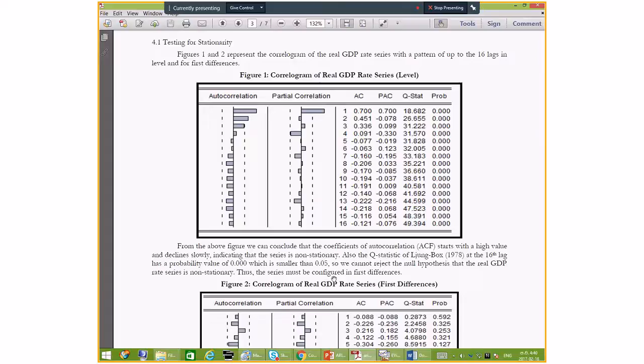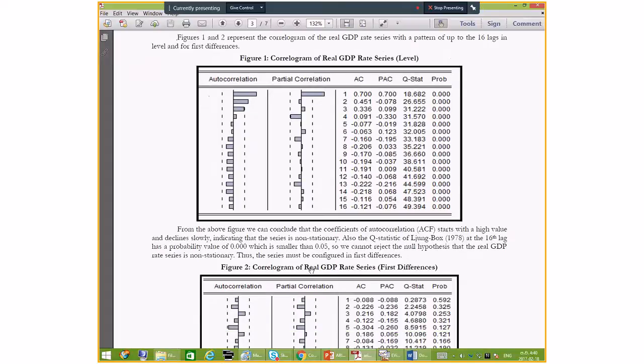That means we accept that the real GDP data series is non-stationary. Because the series is non-stationary, we need to consider the first difference to convert the series to stationary.